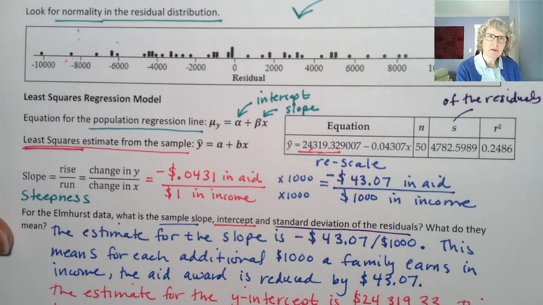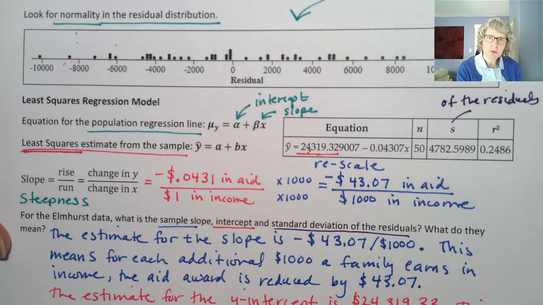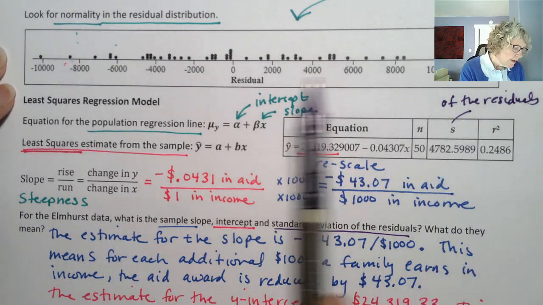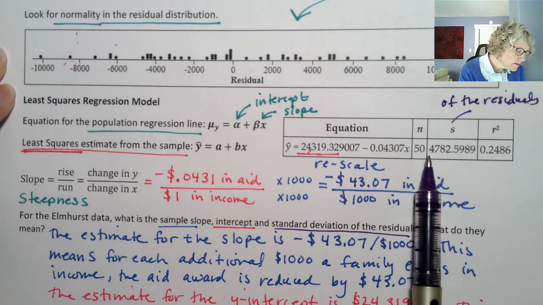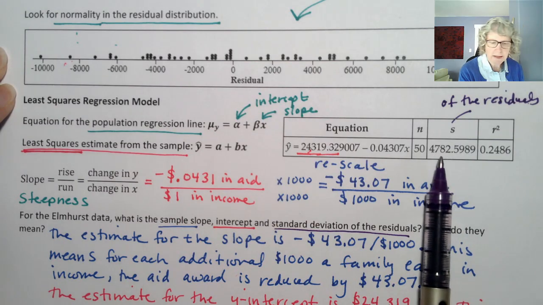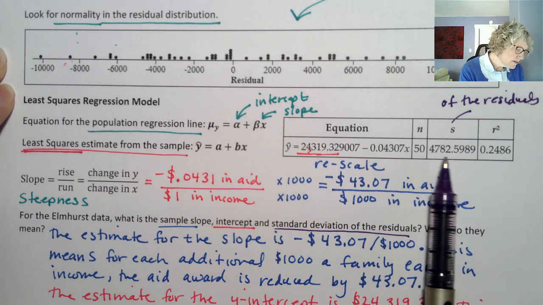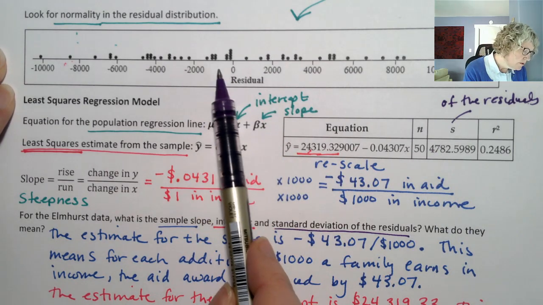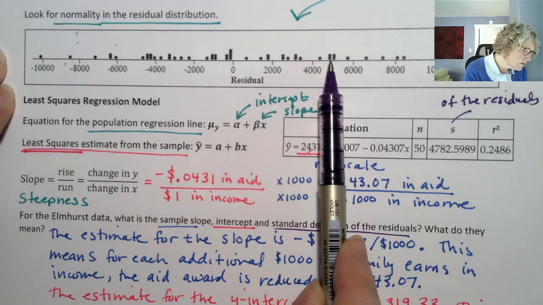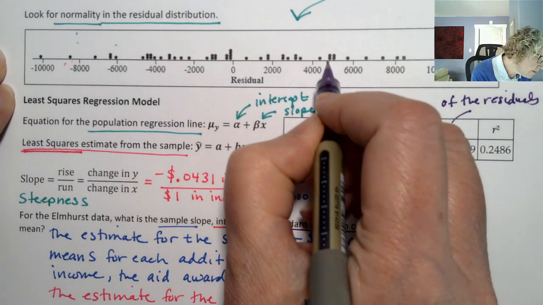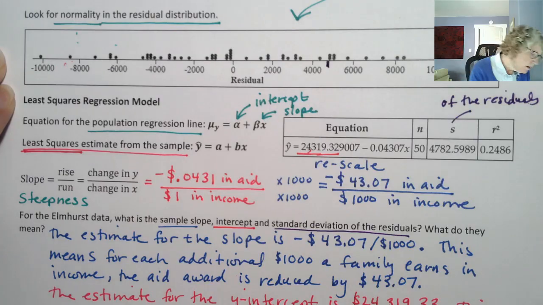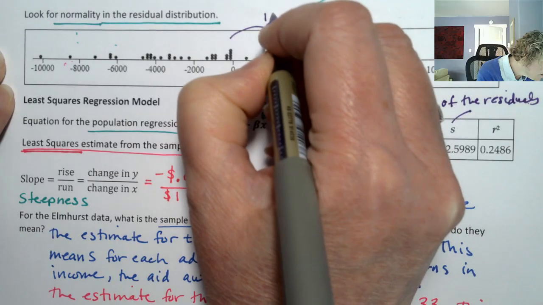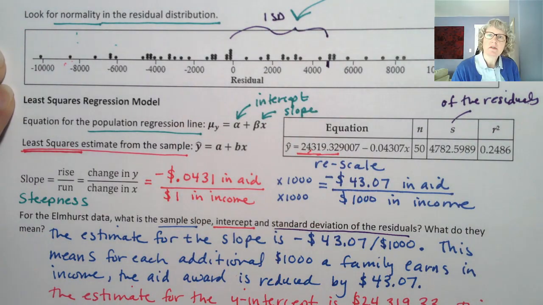Remember how I talked about we're looking for normality in the residual distribution? Here's our dot plot, and think of this S, it's 4,800, a little less than 5,000. If I look on this scale, 5,000 is right here, so 4,800 is right about here. From 0 to that would be 1 standard deviation of the residuals.